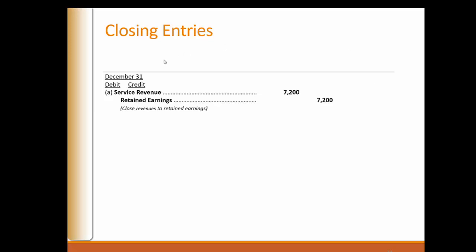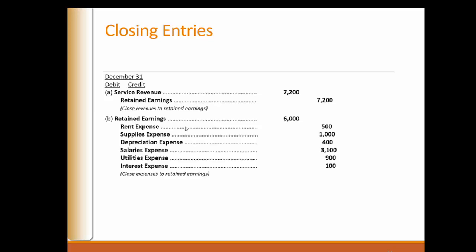So by me making this debit entry to service revenue is going to zero out my service revenue. Now I can't just erase it off my books, and I would never want to. So what I do is I put that $7,200 in retained earnings, which is a credit account under owner's equity. So I'm actually decreasing and increasing under the owner's equity.